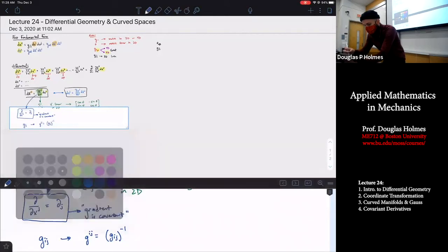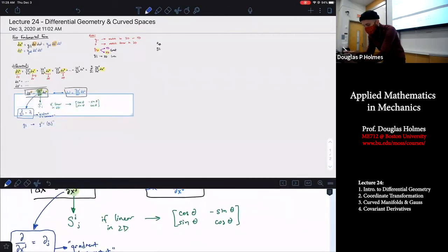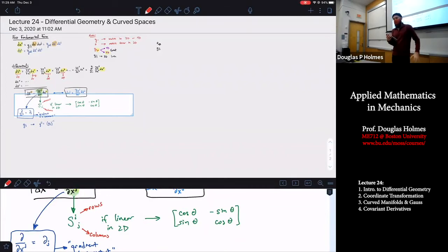I'll do it up here so it's more clear. These are the rows, and these are the columns of your matrix. Does that help? Yeah, thanks.